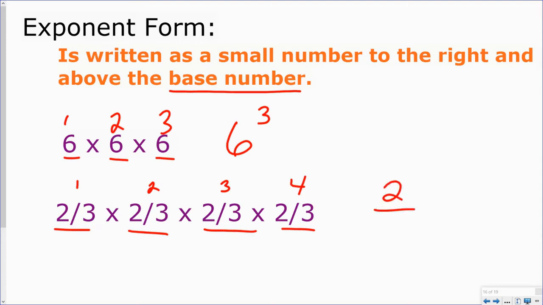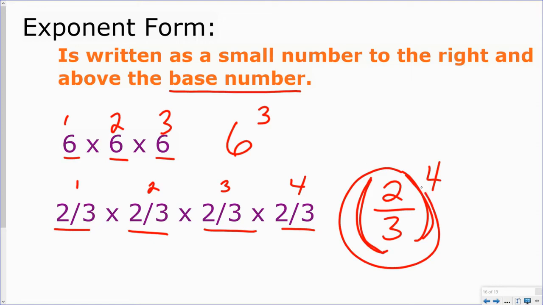So I would write it as 2/3, and then I'm going to put parentheses around it and then put my exponent of 4. The reason I need to put parentheses around it is because that's telling me that I am taking the whole fraction of 2/3 and raising it to the 4th power. Or I could write it as 2 to the 4th over 3 to the 4th.